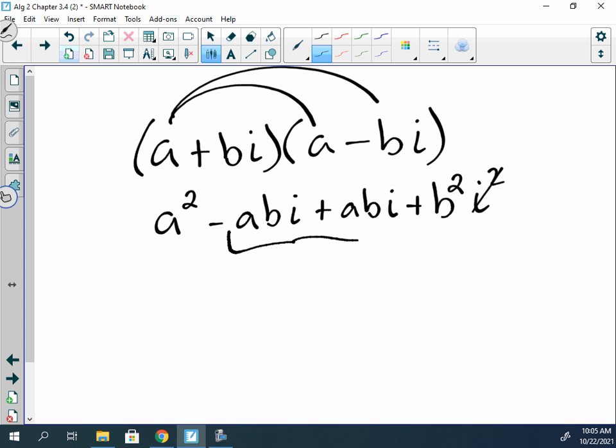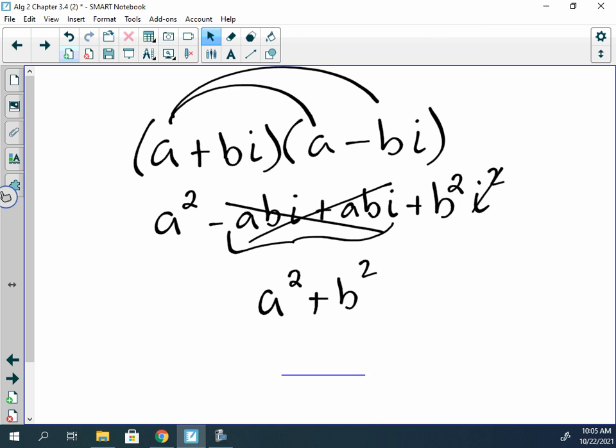Our middle terms cancel each other out, so I'm just left with a squared plus b squared, and a and b are real numbers. So no matter what happens, if I multiply the two complex conjugates together, we end up with a real number. The imaginary terms cancel out.